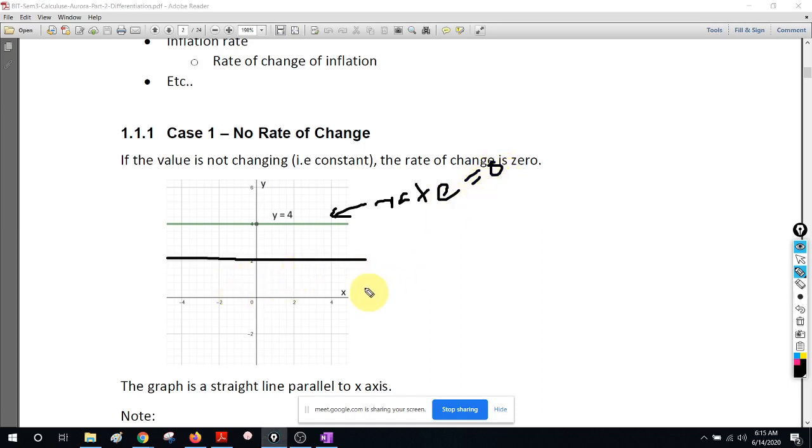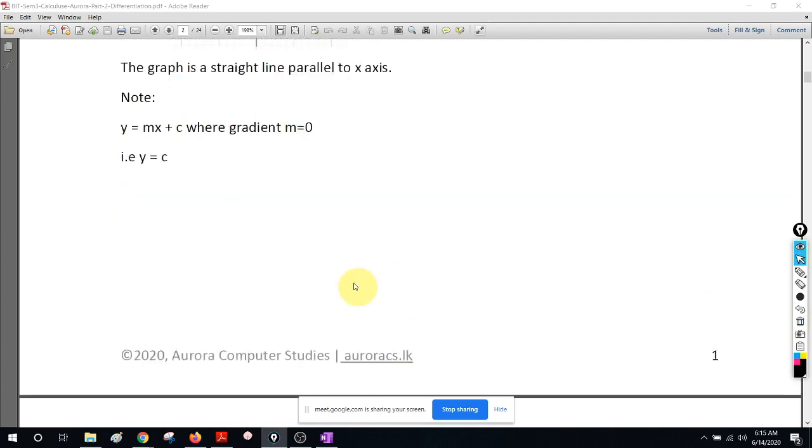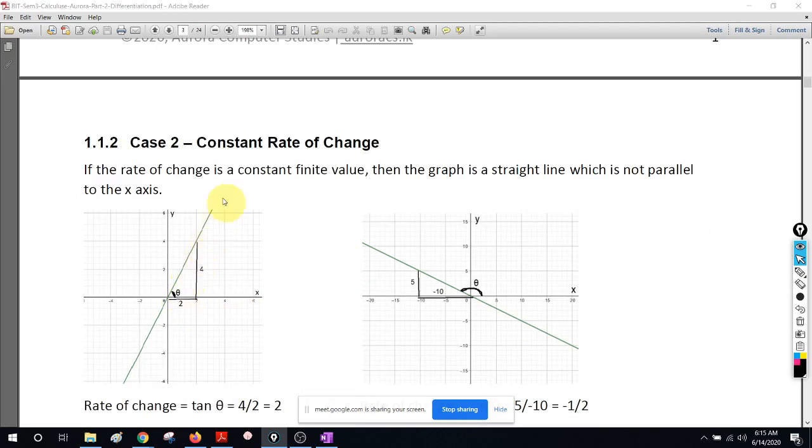Here also the value is constant and the rate of change is 0. But if you take something like this, now the value is changing, so in that case the rate of change is constant, right?